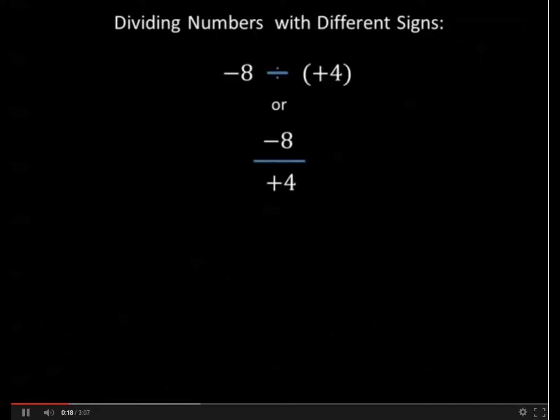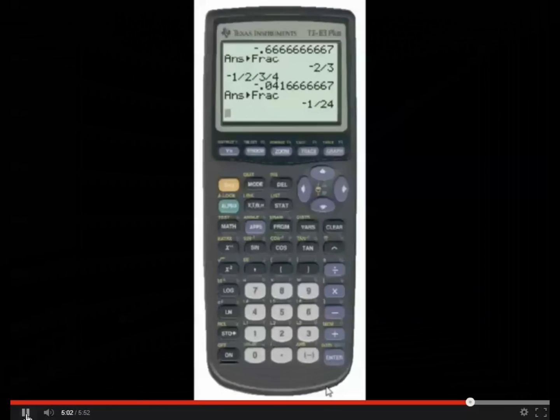And remember, fractions are indicated divisions also. A negative 8 over a positive 4 is the same problem as a negative 8 divided by a positive 4. When we use our parentheses, we get the correct answer, a negative 2/3.